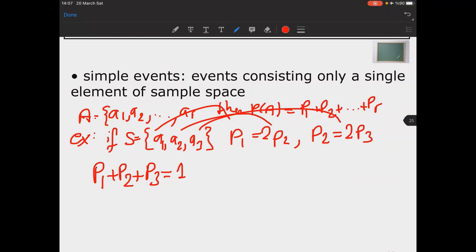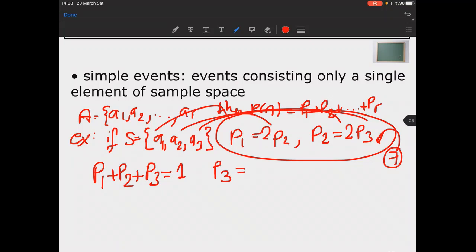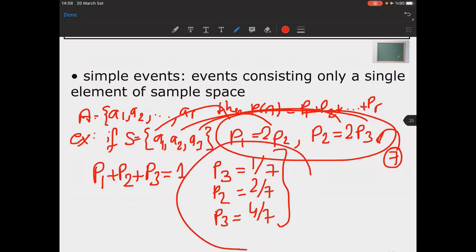And then you can conclude that here I have 7 units for satisfying the relation between those probabilities, so your P3 is 1 over 7, your P2 is 2 over 7, and your P1 is 4 over 7. When you add them up, you satisfy this, which gives you the idea about the simple events.